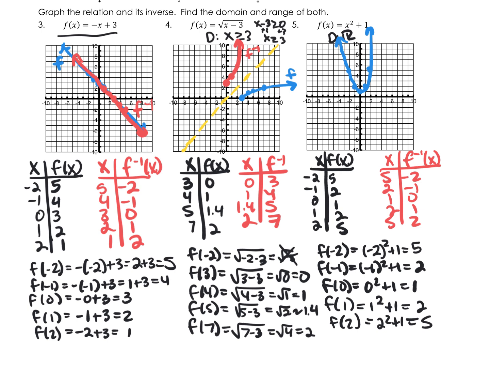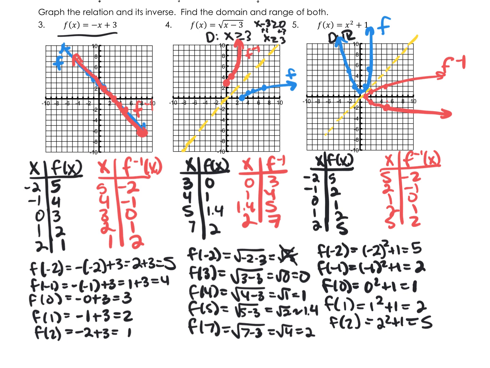We have 5, -2, 2, -1, 1, 0, 2, 1, and 5, 2. And again, remember this is a reflection over this line here. So the blue one was f, and the red one was f inverse. And so they're perfectly symmetric along that line there.